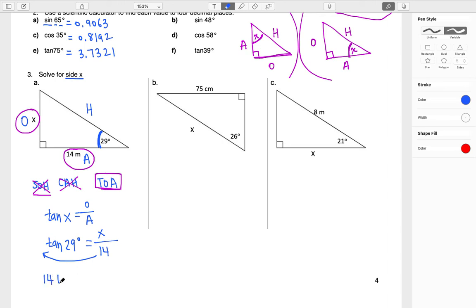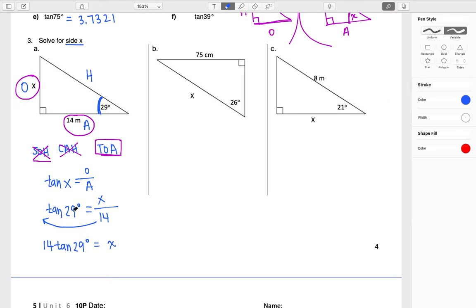So 14 times tangent 29 is equal to x. Therefore, on your calculator, you're going to press 14 times tangent 29 equal sign, and you will get 7.8 meter using your calculator.